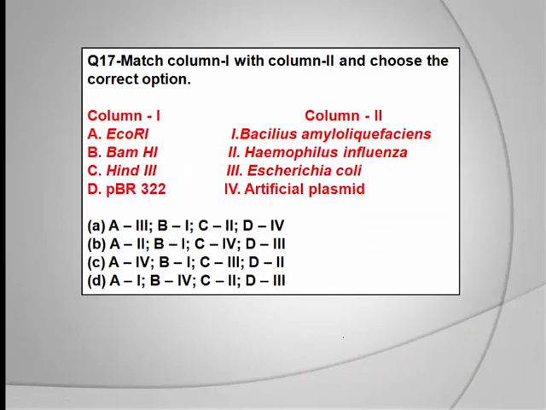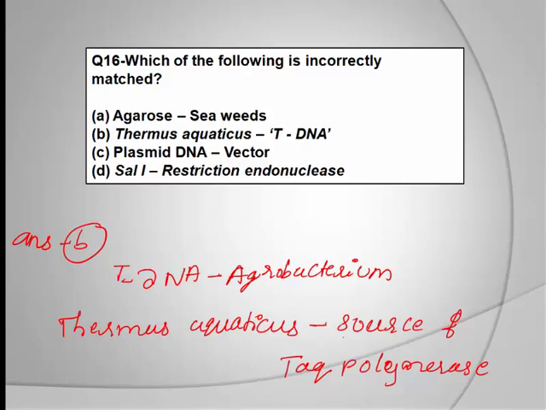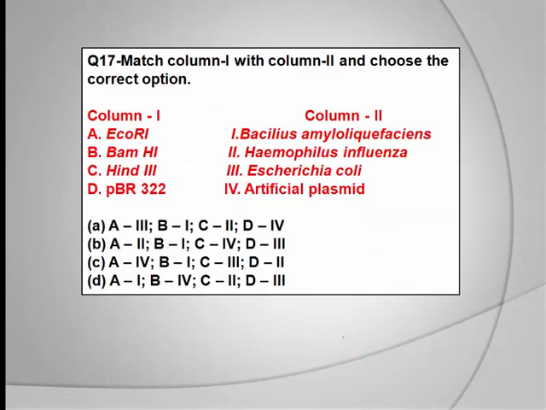Then it is match the following. EcoRI, BamHI, HindIII, pBR322. Here pBR322 is a plasmid, the remaining three are restriction endonucleases, and their sources are given.